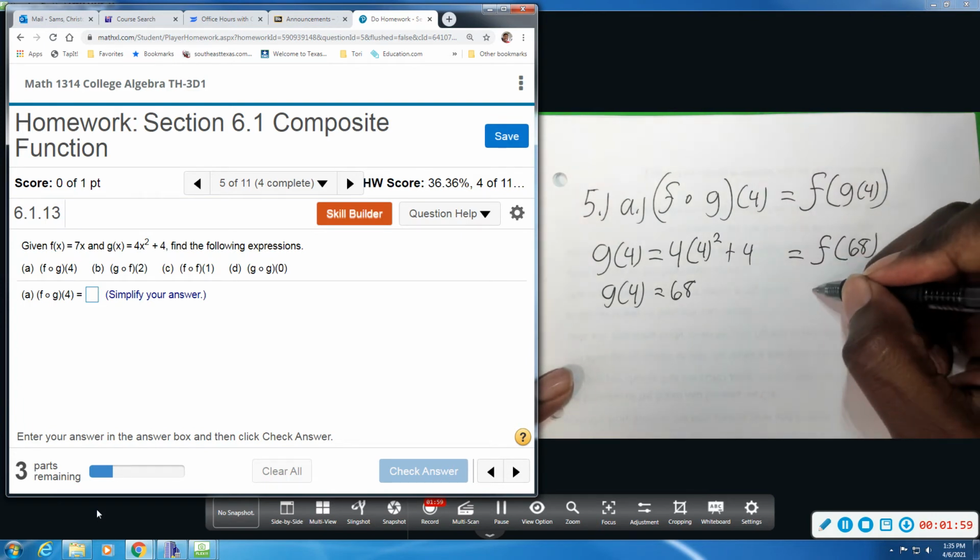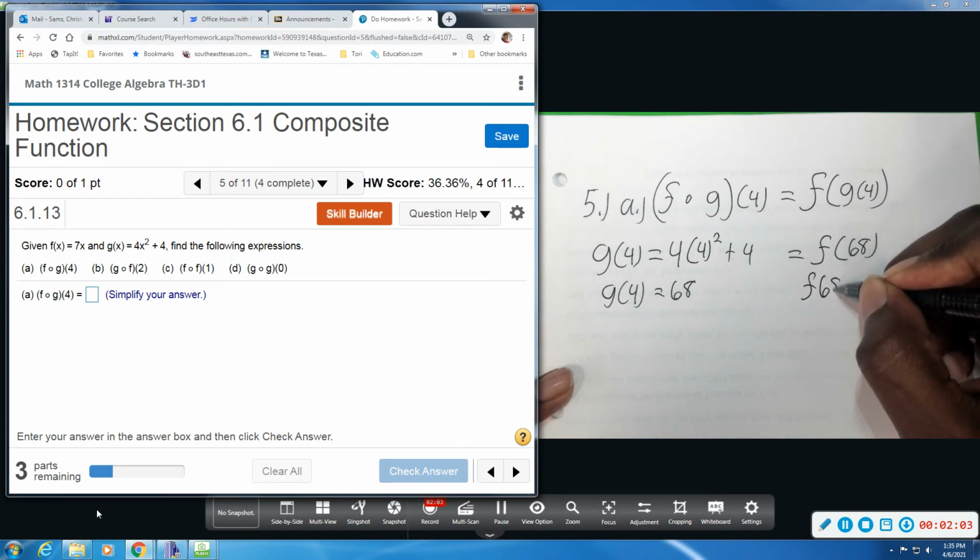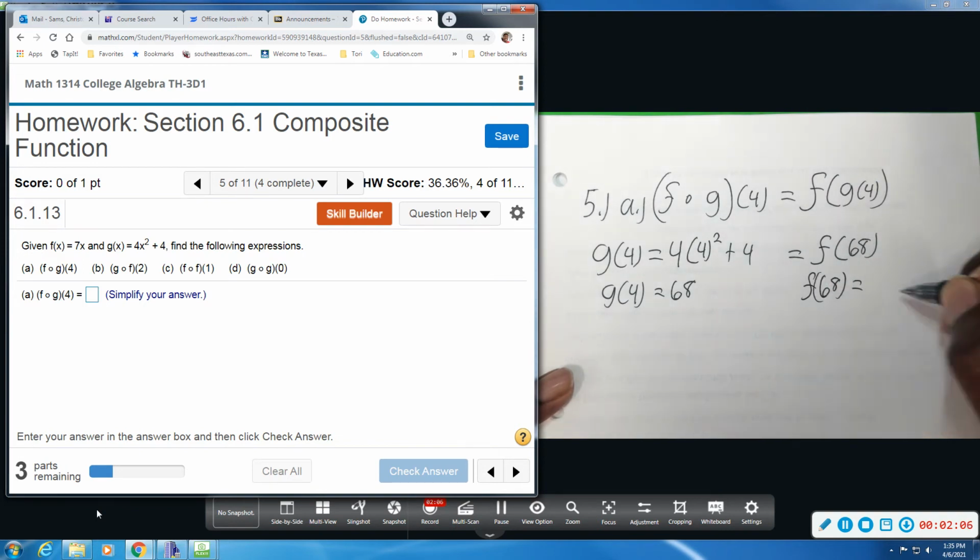So f of 68 equals the f equation, which is 7 times x, or 7 times 68. And so we're just going to do 7 times 68, and that gives us 476.